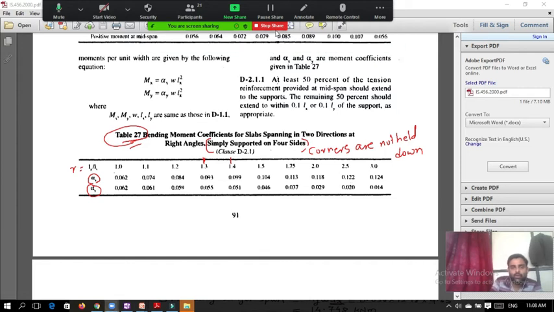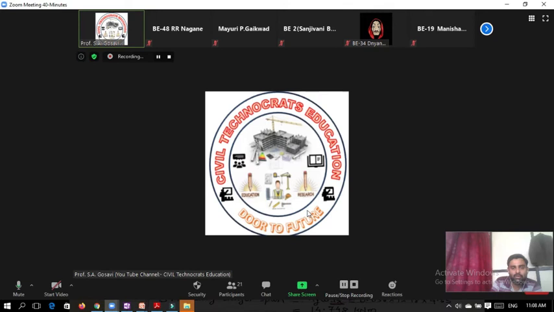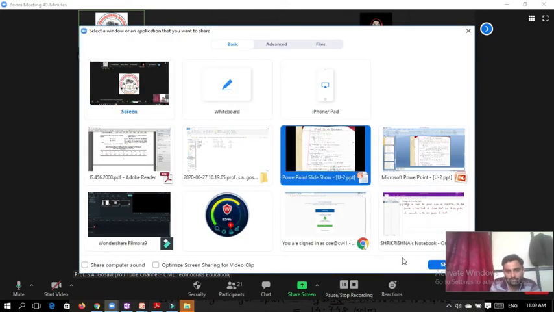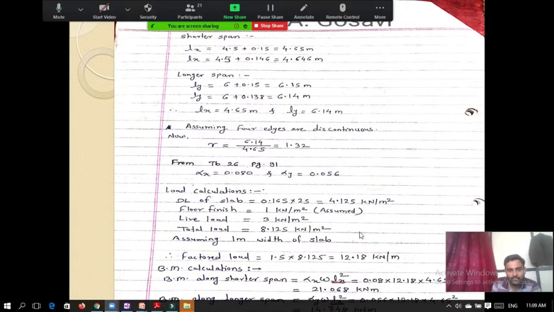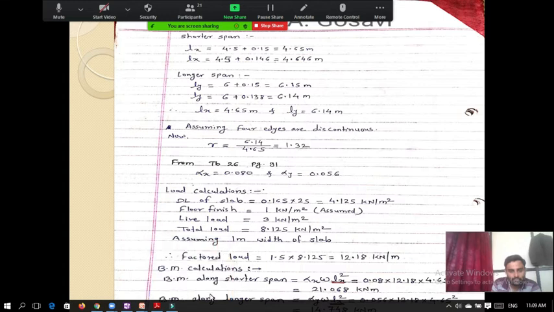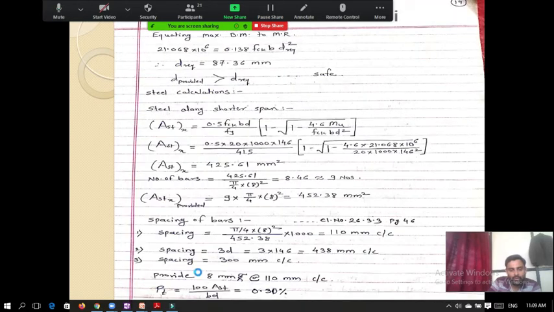Now we will again move to our PowerPoint presentation. So we were, I think, on this point, the calculation of bending moment. To calculate the bending moment in the shorter direction and longer direction, we will write here the formula.